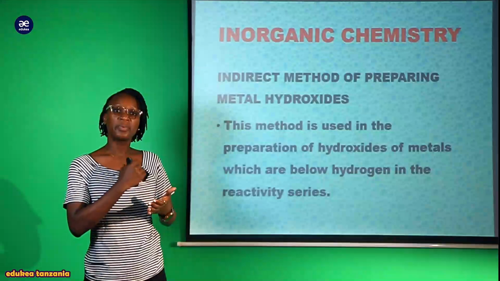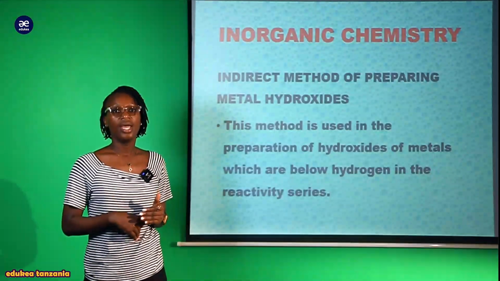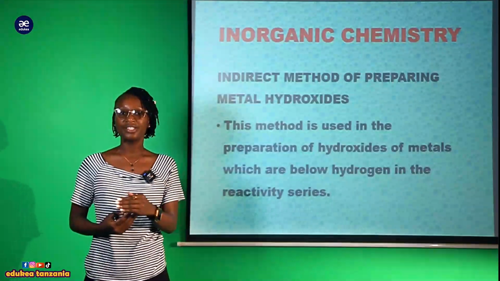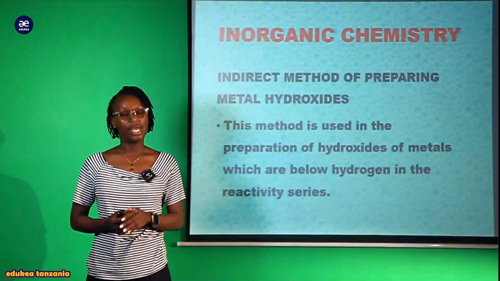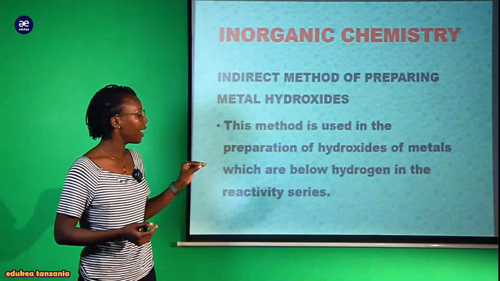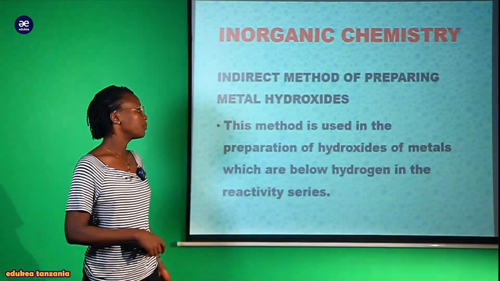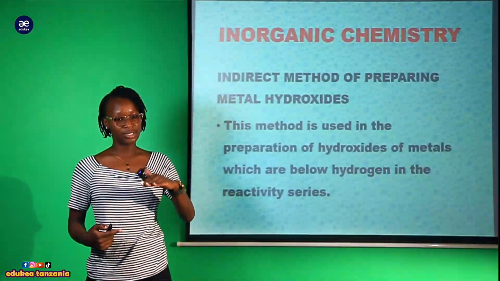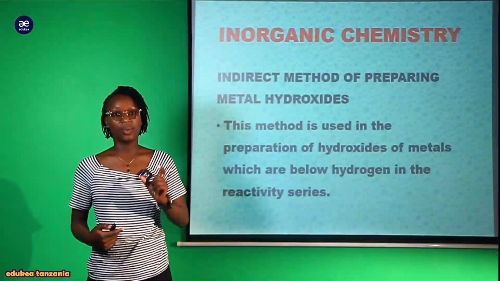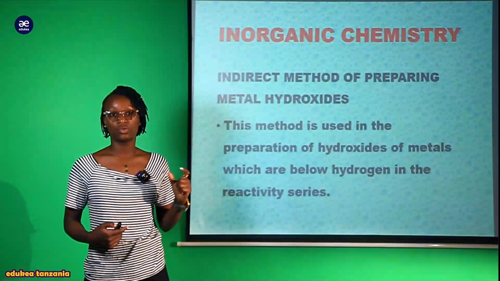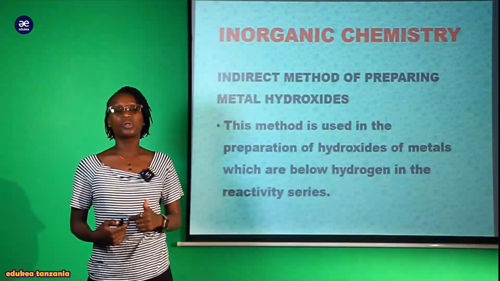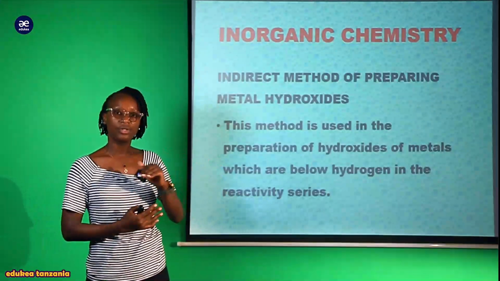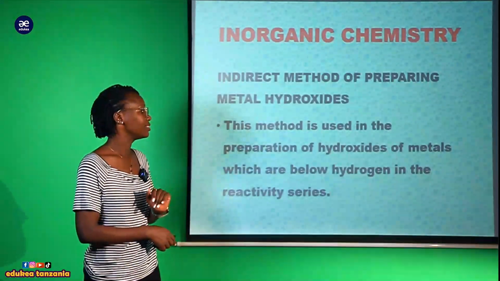Sasa zile elementi ambazo zipo chini ya hydrogen ndizo ambazo tunatumia hii technique ili kuweza kufanya preparation ya metal hydroxide and not otherwise. Ina maana hatutodili na element au na metal ambazo zipo above the hydrogen kwenye reactivity series. Kwa hiyo zile metal zote ambazo zipo chini ya hydrogen kwenye reactivity series ndizo ambazo tutatumia hii method ya indirect ili kuweza kufanya preparation ya compounds ambapo sasa ni metal hydroxide compound. I hope that is clear.